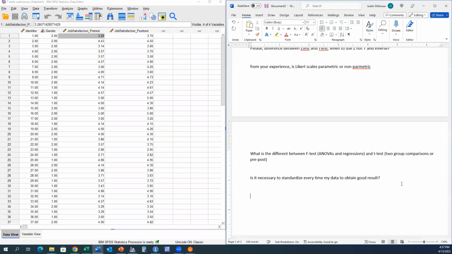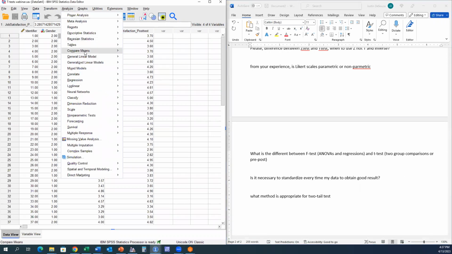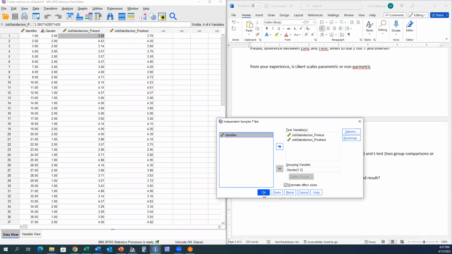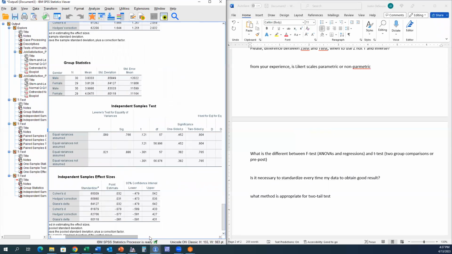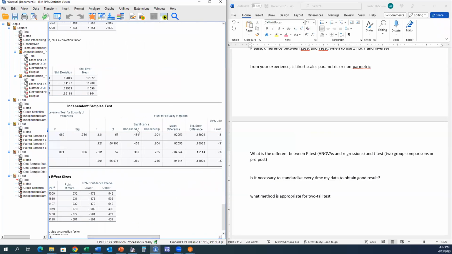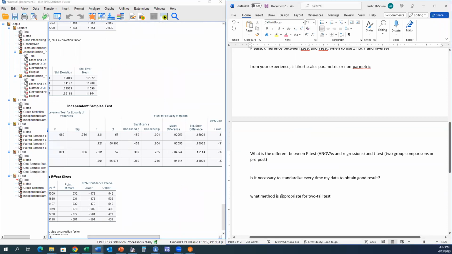Question from Jerry. What method is appropriate for a two-tailed test? So you'll see when we did the independent sample t-test here, there are two columns. There's a one-sided p-value and there's a two-sided p-value. So it comes down to your hypothesis. If in your hypotheses you anticipate an increase or a strict decrease, then you do a one-sided test.